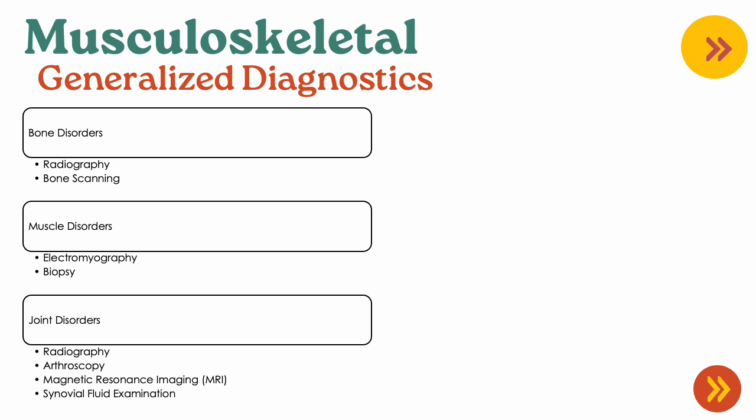They may also do a synovial fluid examination. Normally in your joints, you have a fluid called synovial fluid that helps with the mobility of that joint. And sometimes the synovial fluid in question is what's affecting that joint. So they'll also examine that as well and make sure there's no infectious organism in it.